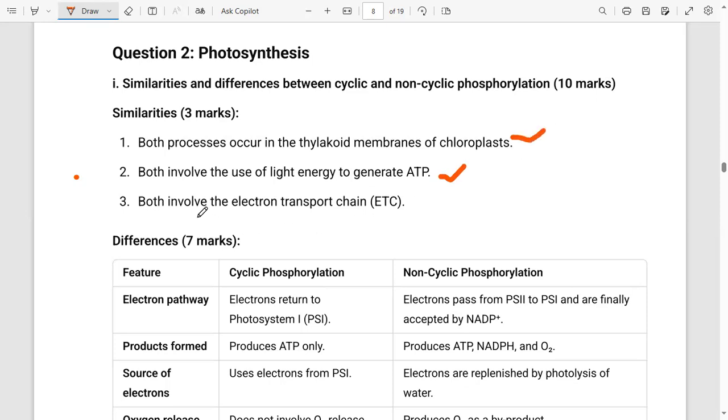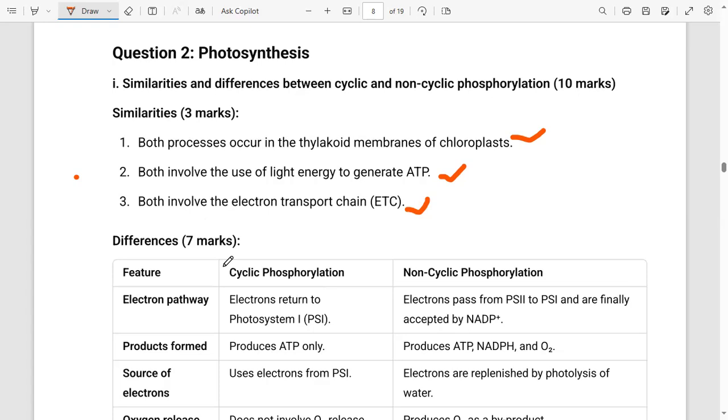The third similarity is that both involve the electron transport chain, which is just a chain that makes it easier for the electrons to move. So these are the 3 similarities between the cyclic and the non-cyclic phosphorylation.